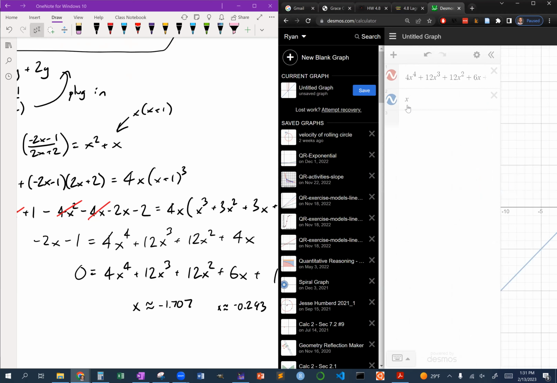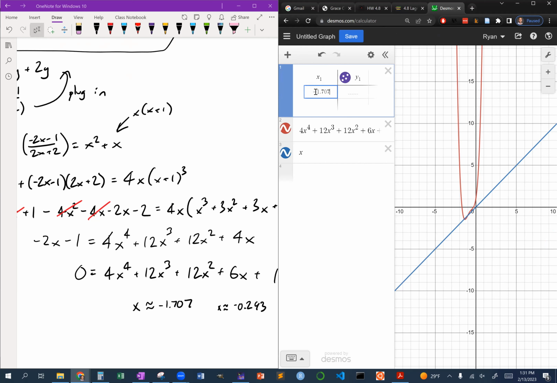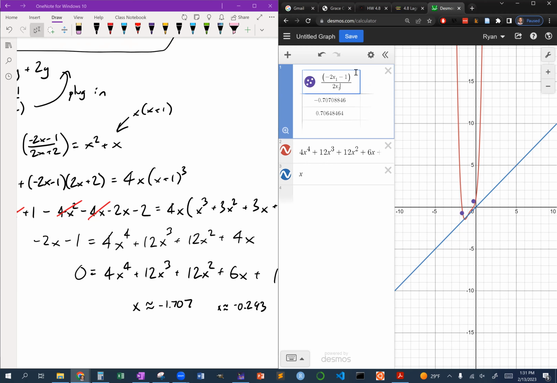My x values are negative 1.707 and negative 0.293. And then y1 is going to be equal to my formula, negative 2x1 minus 1 divided by 2x1 plus 2.